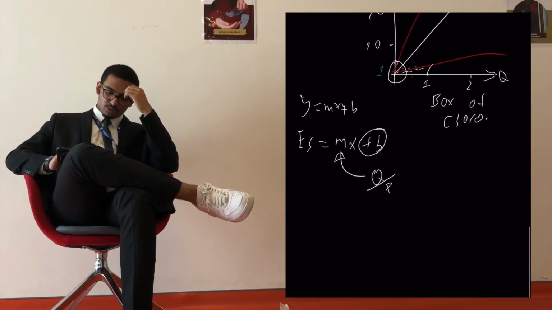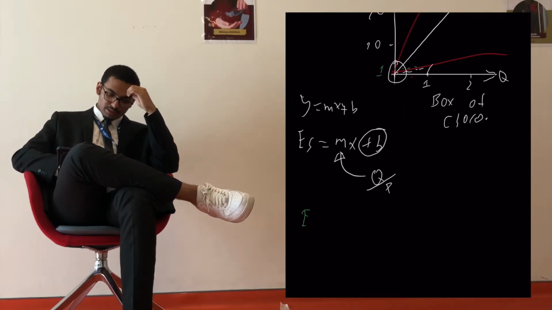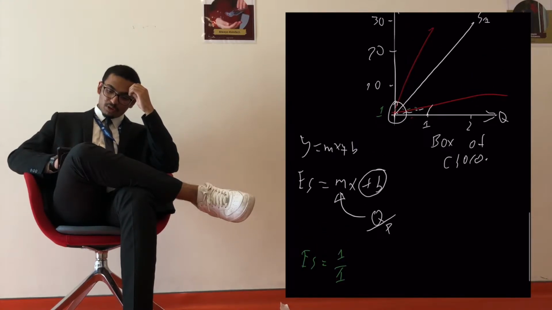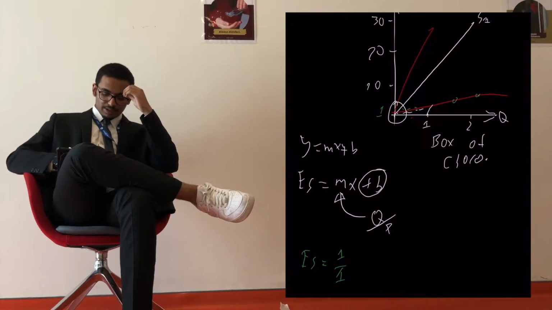Let's put this into the equation, which means ES equals 1 over 1, as we've done quantity over price, 1 over 1 times x. So you can plot it to any point on this line. We can take any point from the line and implement it.